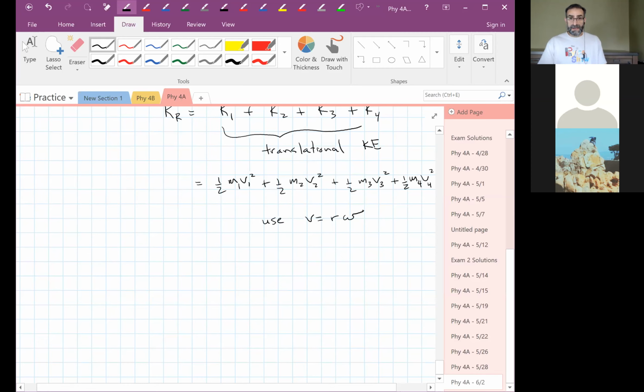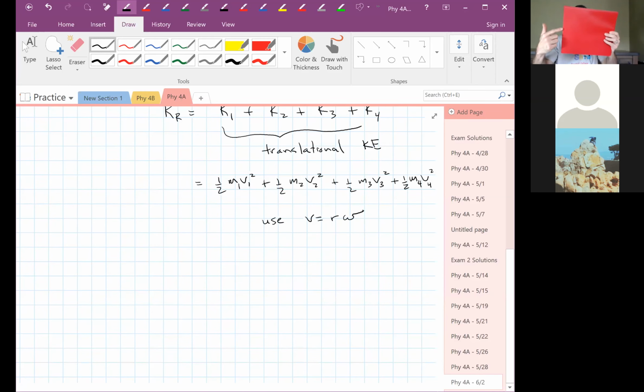v equals r omega. So on a rigid object, every point on a rigid object has to complete one revolution in the same amount of time. So every point on a rigid object that's rotating, doesn't matter if it's about the center point, or over here, every point has the same omega.